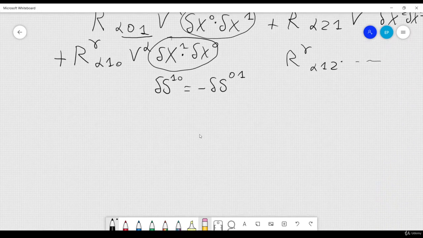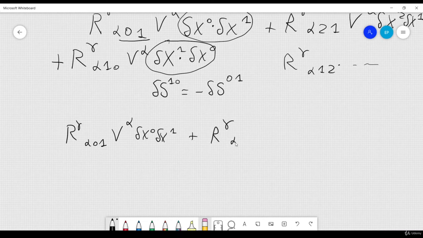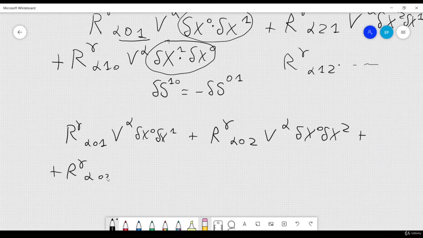So you are summing R^γ_α,01 multiplied by v^α δx^0 δx^1, then you have R^γ_α,02 v^α δx^0 δx^2, then plus R^γ_α,03 v^α δx^0 δx^3, plus R^γ_α.